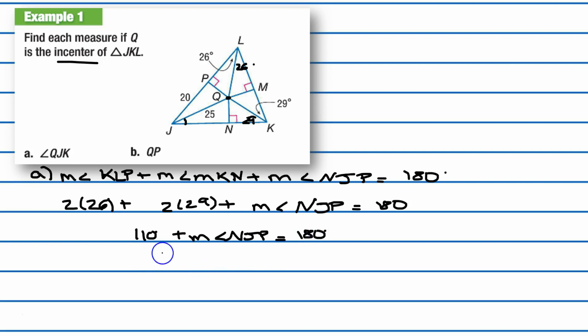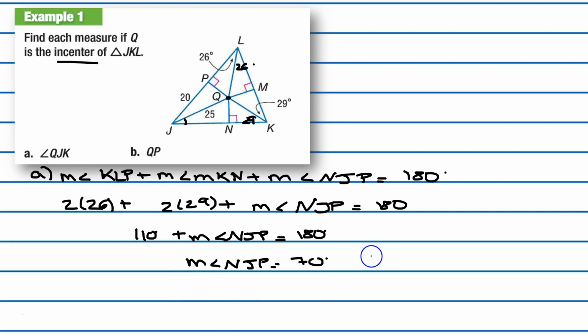Well, if you subtract 110 from both sides, you get the measure of angle NJP is equal to 70 degrees. But if we look here, NJP, that's this whole angle here. I don't want that whole angle. I only want half of it.